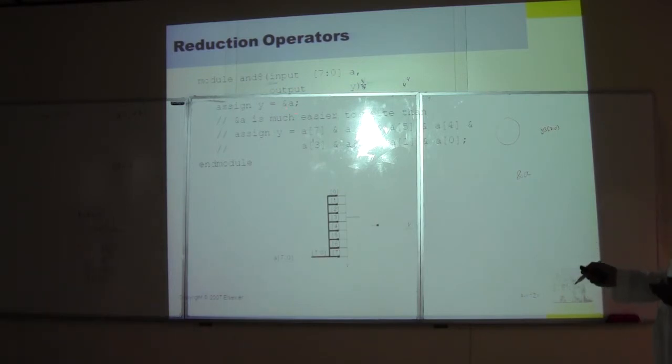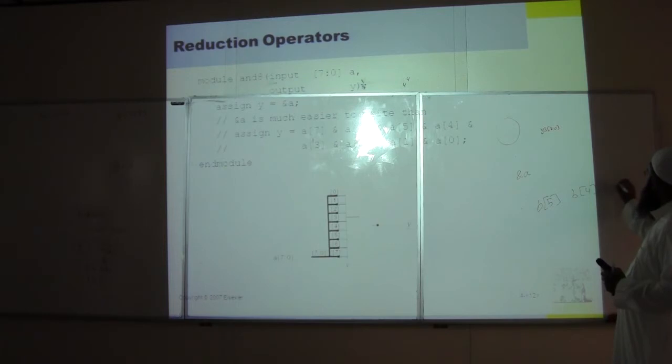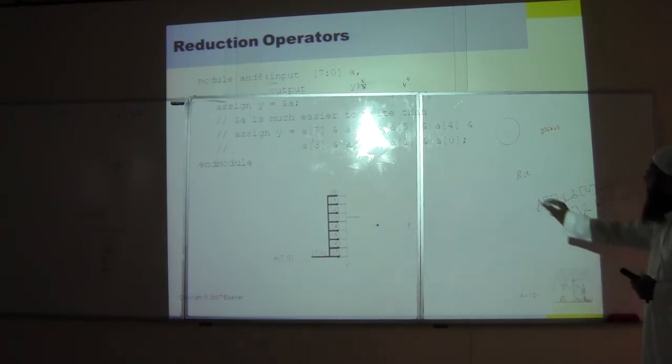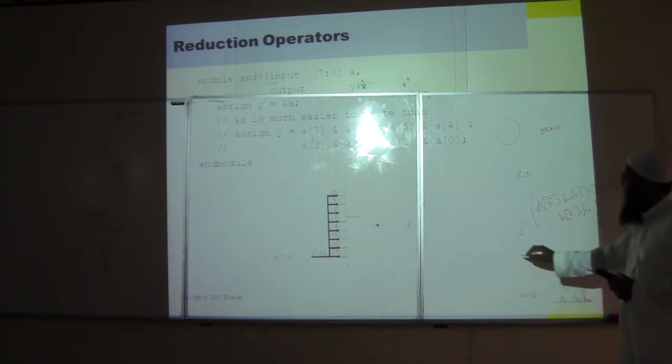If you want to do this thing, say I have B5, B4, B3, B2, B1, B0, and I want to do it. Without writing this big line, I will select and delete it, and write.